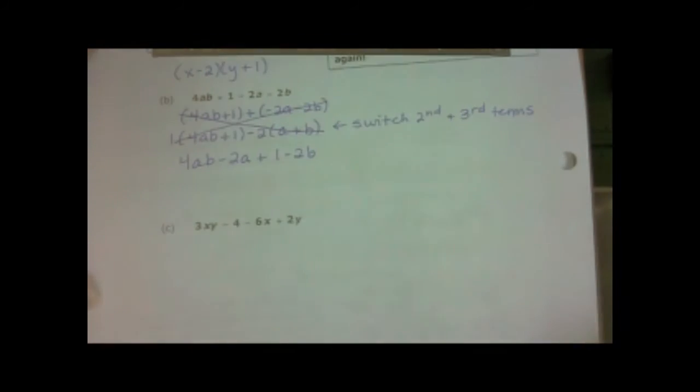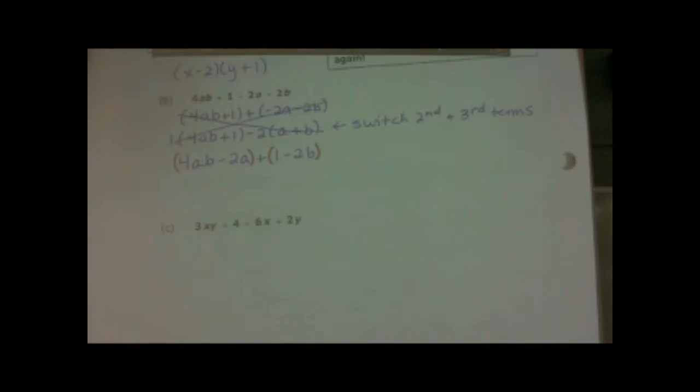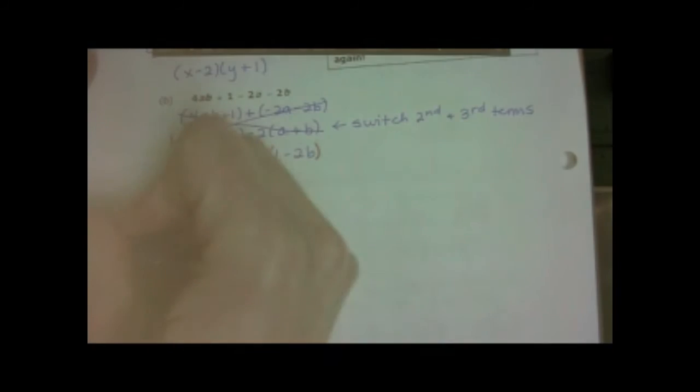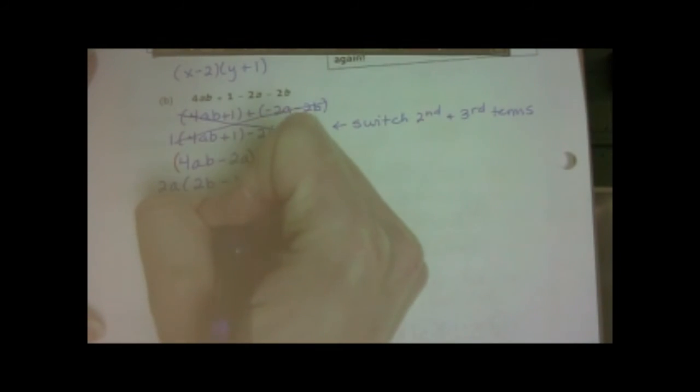I'm going to cross this out because this isn't going to work. 4ab, put the minus 2a next, then the plus 1 minus 2b. Now, because I have a plus in the middle, I can just draw my parentheses. All right, my greatest common factor in my first group is 2a. So factor that out, and it leaves me with 2b minus 1.